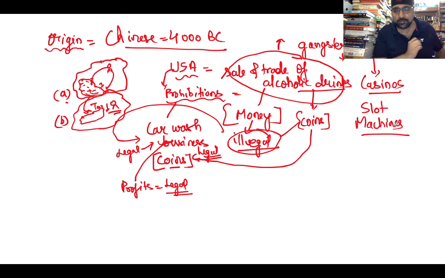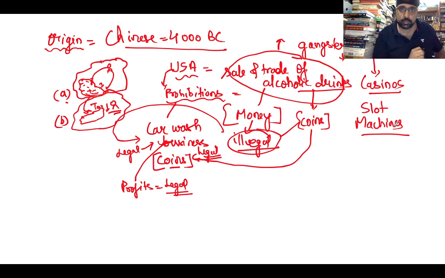Do not forget the fact, friends, that the majority of the money in such casinos, in these kind of slot machines, is illegal money. And that is the reason why the majority of the states in India today have banned the casino activity. And even where they are not banned, they are highly regulated. For example, in Sikkim and in Goa, highly regulated. Because the potential for misuse is very, very high.